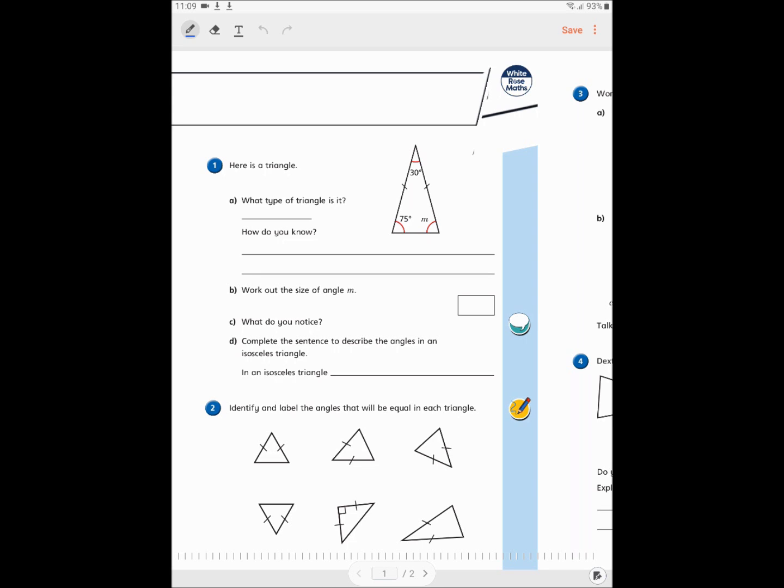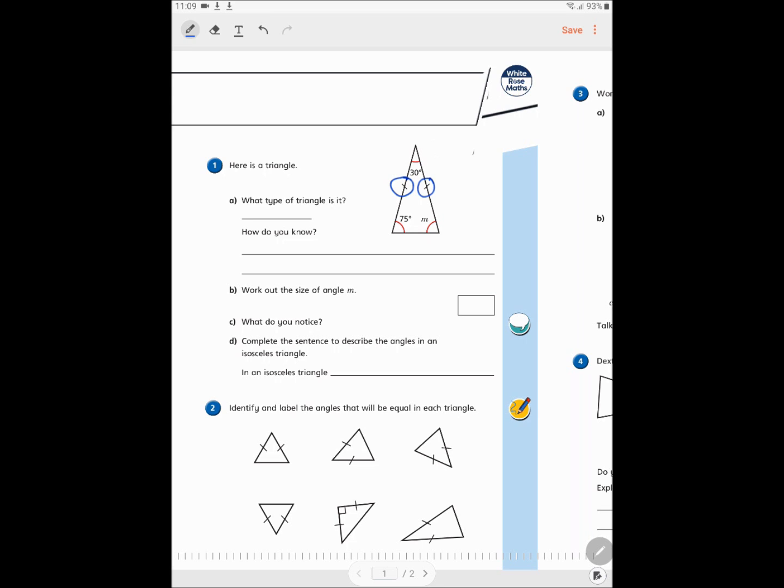Fantastic, you knew that. And loads of you also said it's because it's got 2 equal sides, which it does have, because going by what we've done before, you can see those 2 little lines which show me that those 2 sides are the same. However, we also have in an isosceles triangle 2 equal angles.